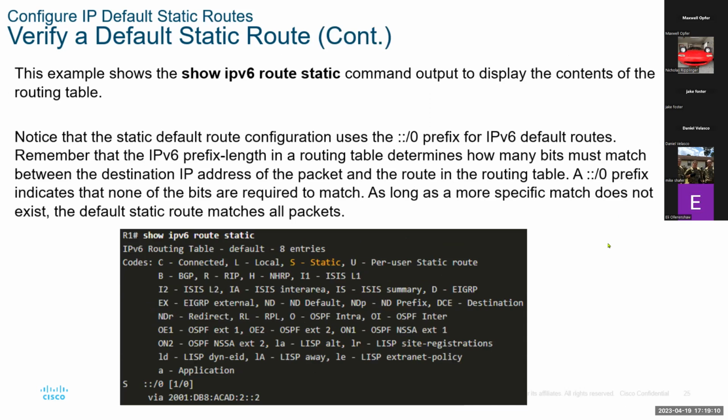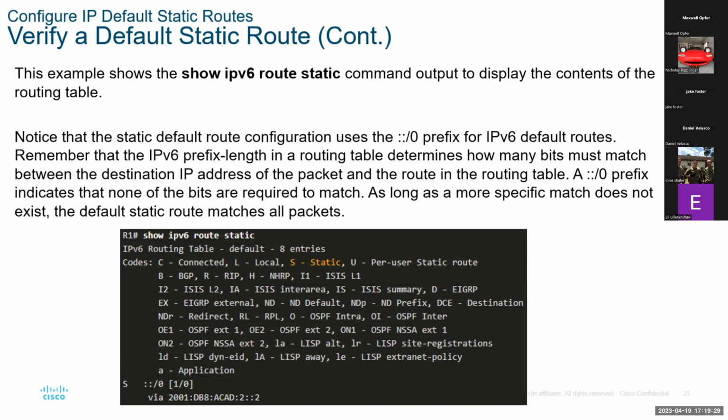In this example, it shows the show ipv6 route static command output to display the contents of the routing table. Notice that the static default route configuration uses that ::/0 prefix for the IPv6 default routes.